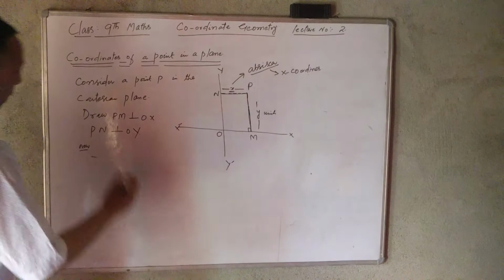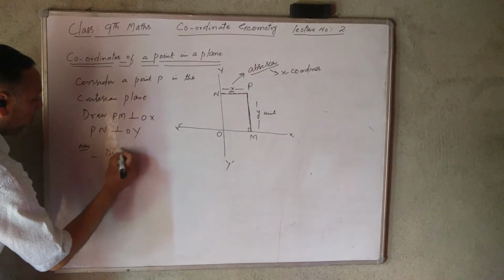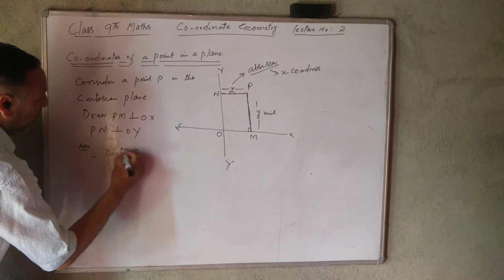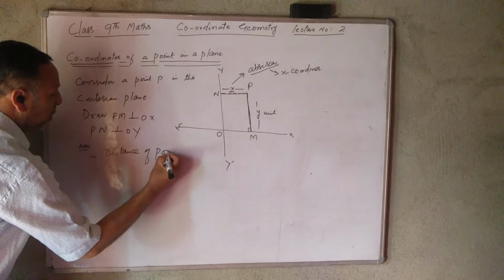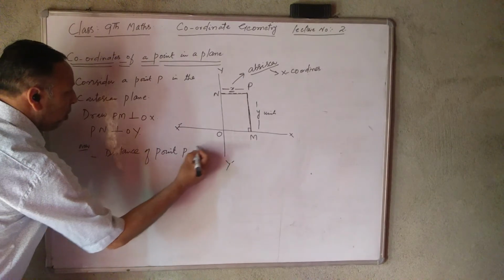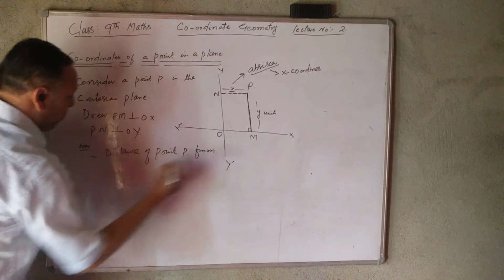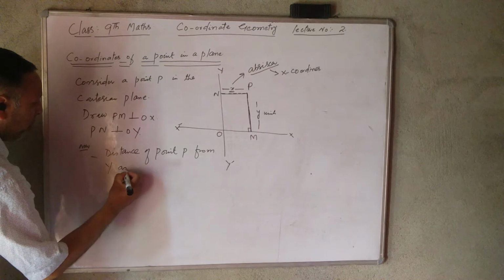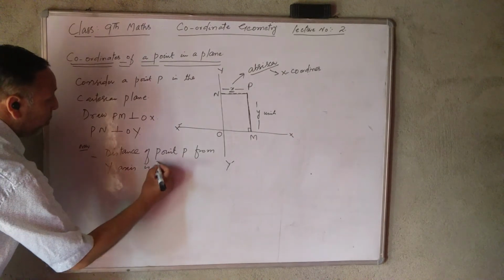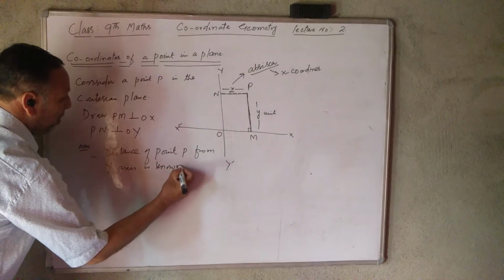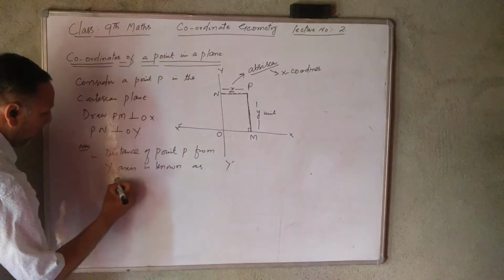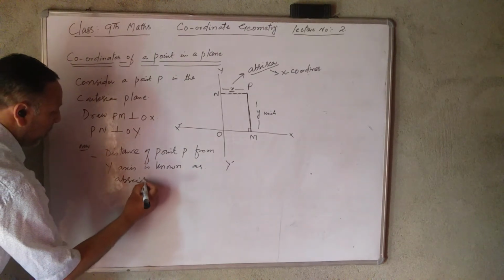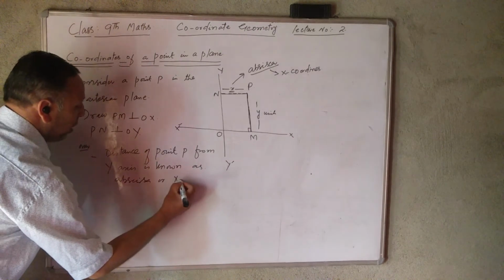So that means the distance of point P from Y-axis is known as abscissa or X coordinate.